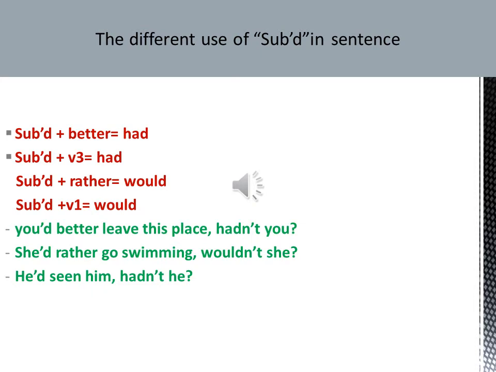If there is use of apostrophe d plus V3 in a sentence, then in this case we should understand apostrophe d means had. And the last one, he'd see him, wouldn't he? Apostrophe d means would here. So the question tag is wouldn't he.